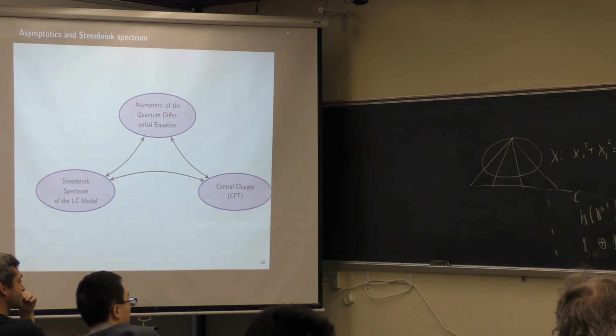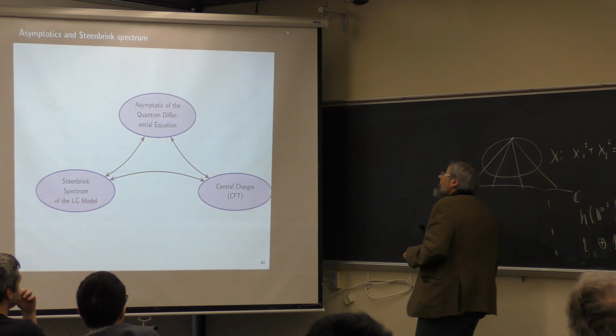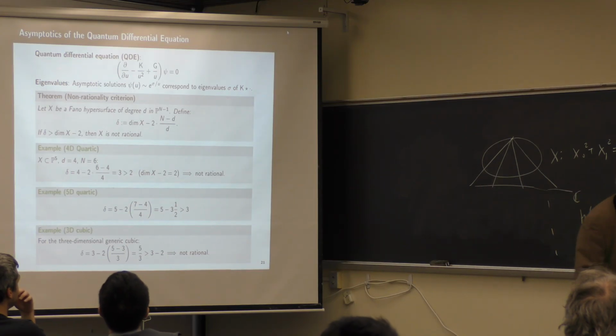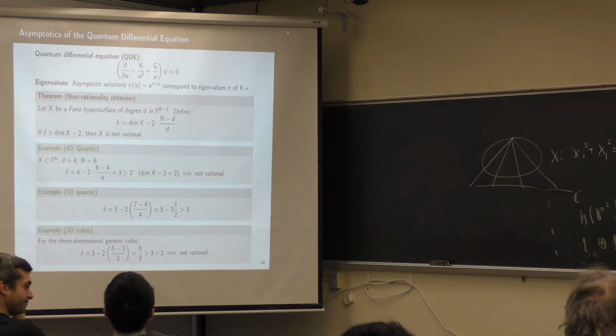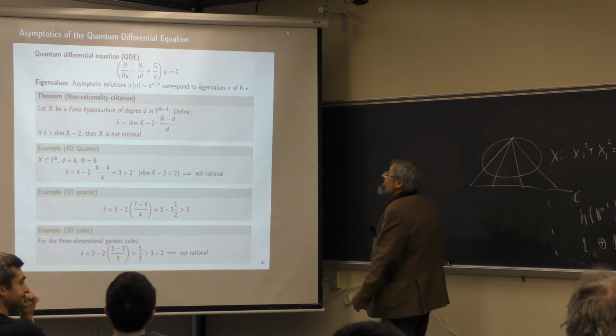And now that's what we are going to do in this case, but not in connection with the Landau-Ginzburg equation, but in connection with this quantum differential equation that we have already considered.